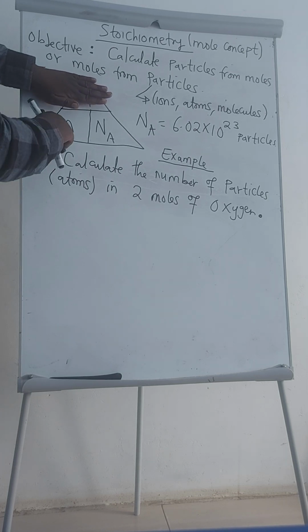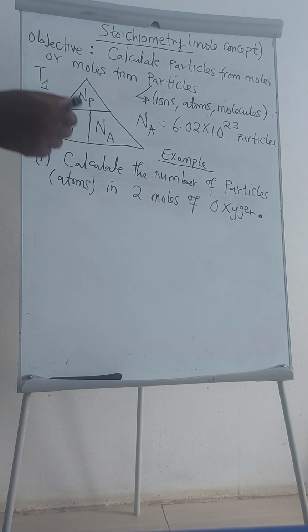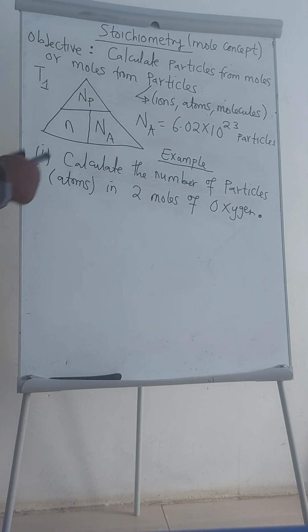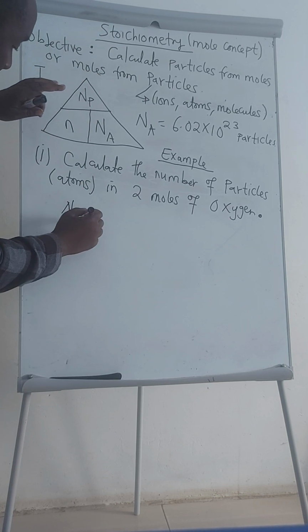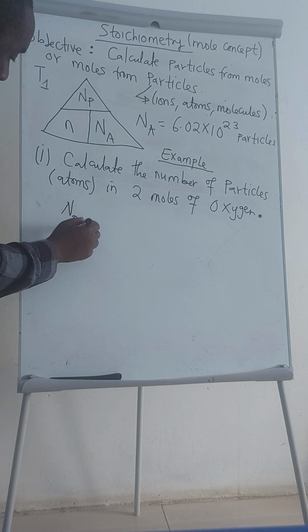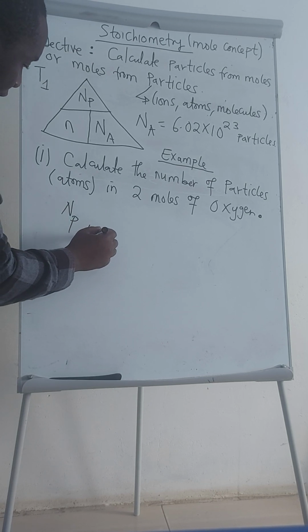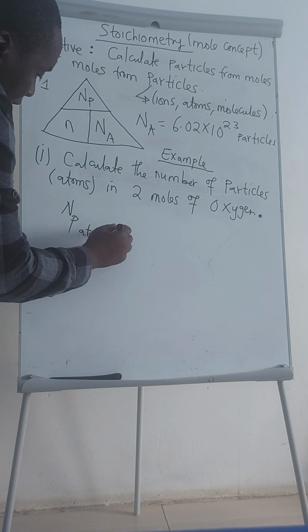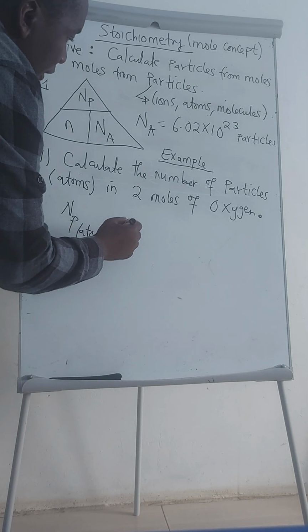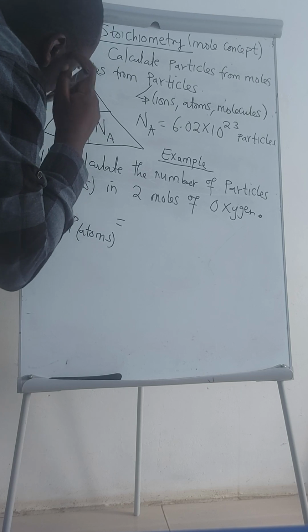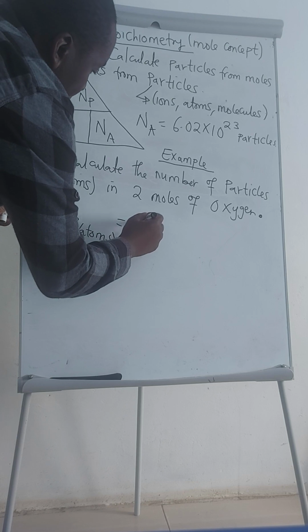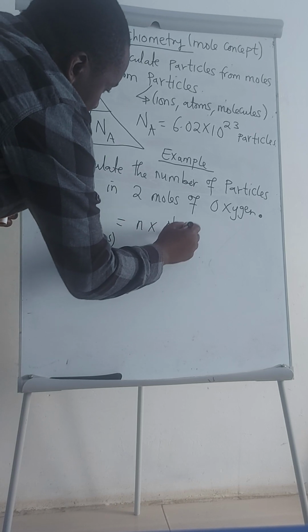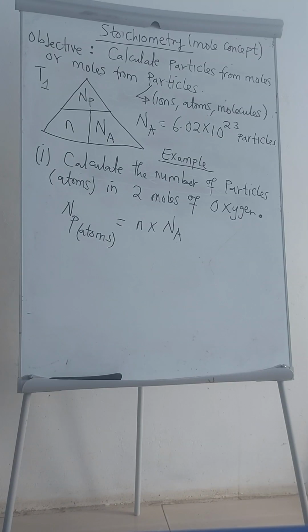So NP, the number of particles, specifically atoms, is the number of moles times Na, which is Avogadro's constant.